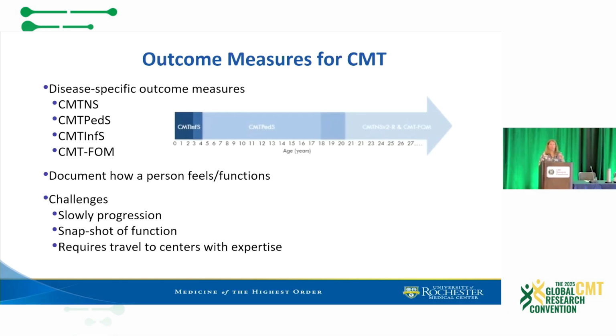So this is when individuals come into a clinic space, they perform it, and it depends on how the person's feeling that day and the time of day as well. So it can be impacted by other variables. And they also require travel to research centers that have expertise in administering the clinical outcome assessments.